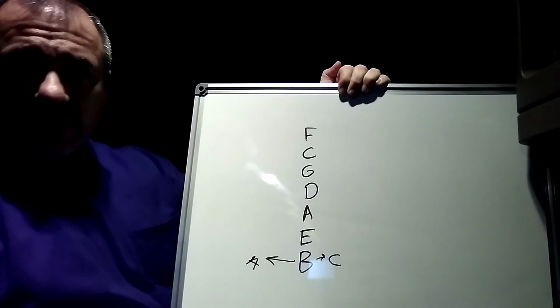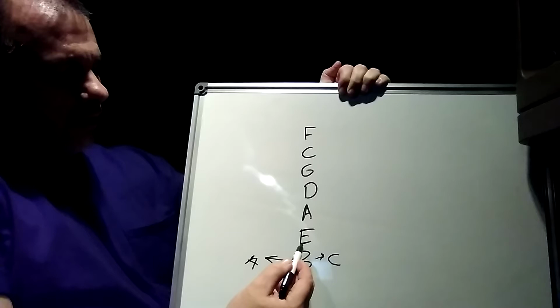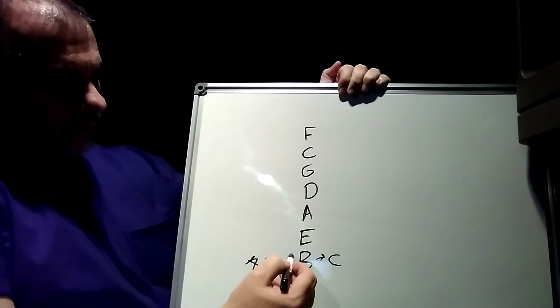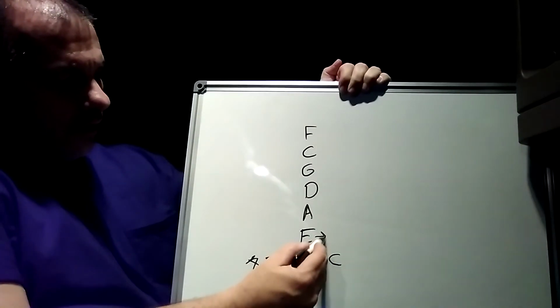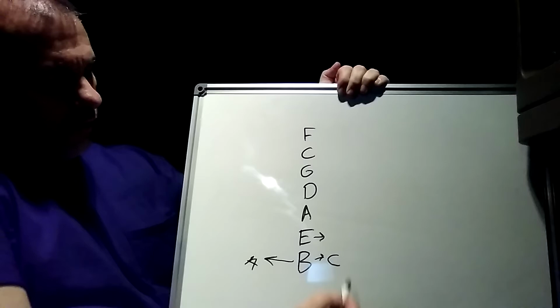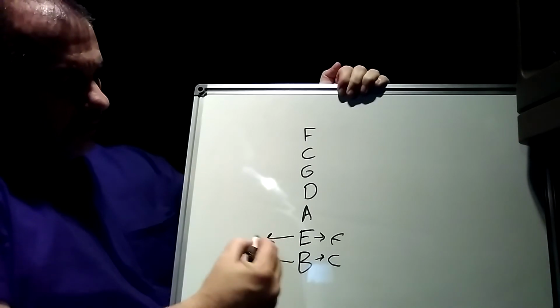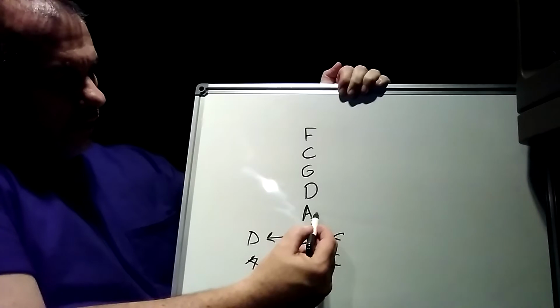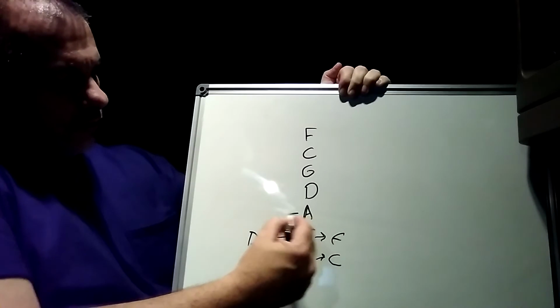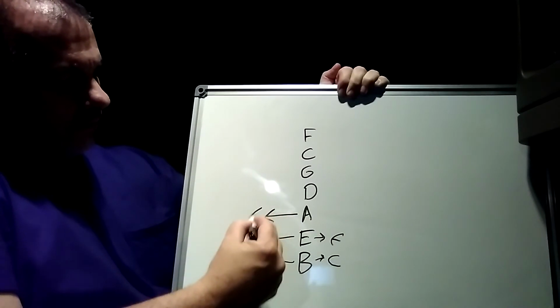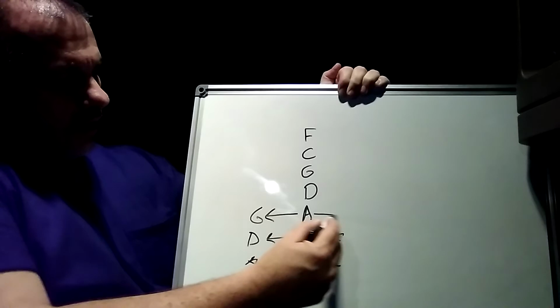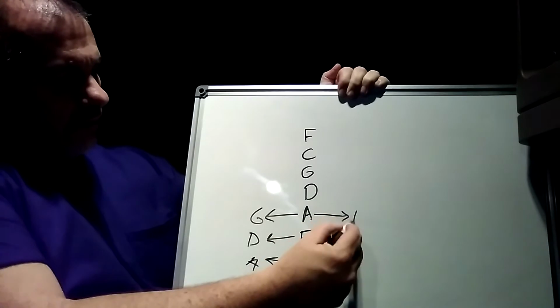I hope that's clear enough. It's hard for me to write at this angle. Half a step below the E is an F, and a whole step above the E is a D. A whole step above the A is a G, and a whole step below the A is a B.